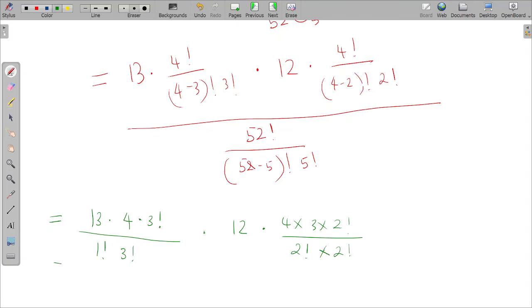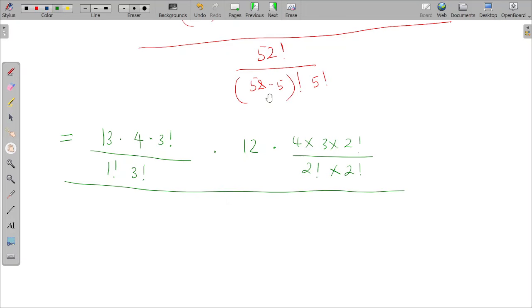All over, now 52 minus 5 is 47 factorial. So that is the highest. We have 52 multiplied by 51 multiplied by 50 multiplied by 49 multiplied by 48 multiplied by 47 factorial.